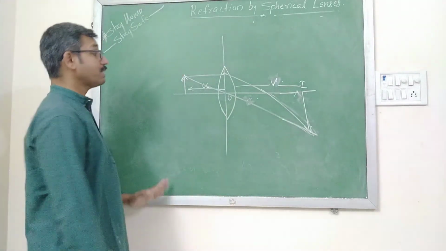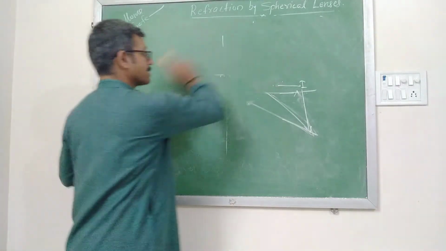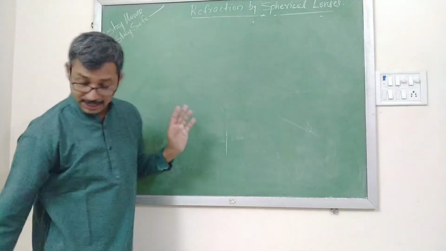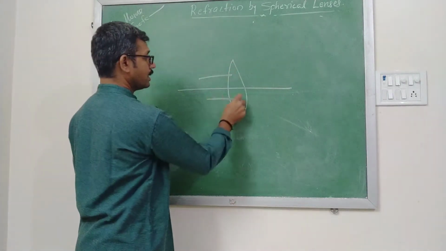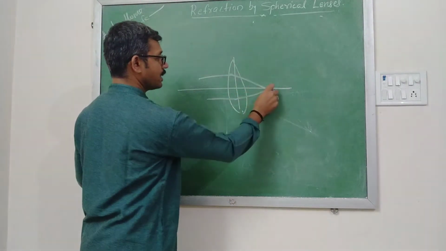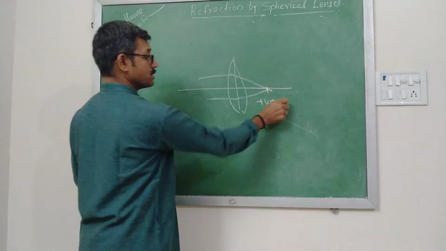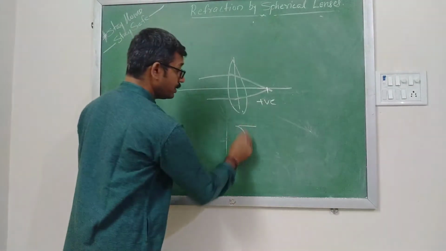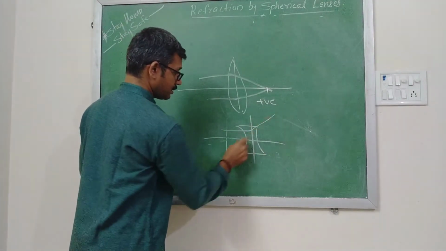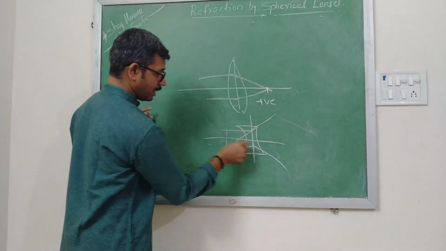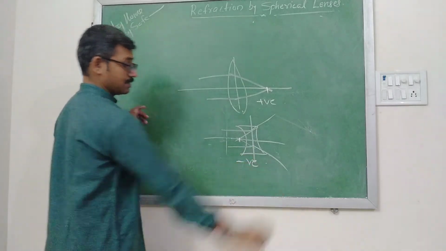Now, in a convex lens, you know that the ray of light after refraction comes here. So this side is positive. But in the case of the concave lens, it is divergent and it is taken to this side. So it is negative.